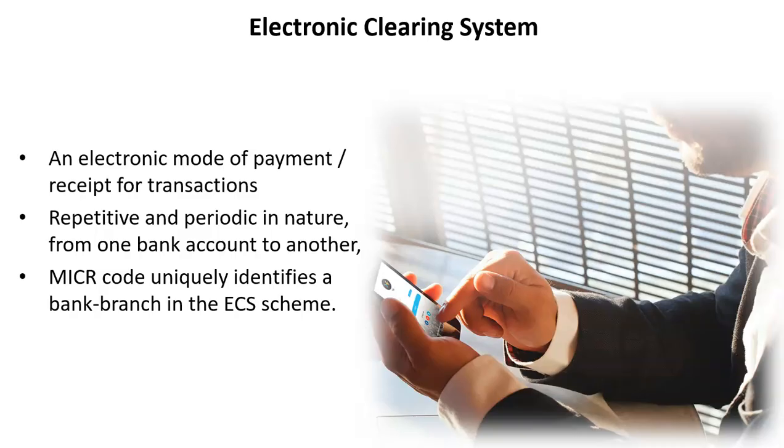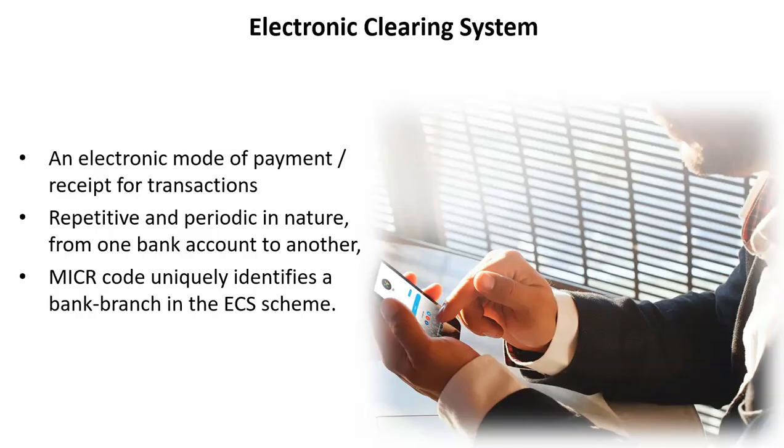MICR code uniquely identifies a bank branch in the ECS schemes. MICR's full form is Magnetic Ink Character Recognition code. This is a 9-digit code written on the checkbook after the check number, at the bottom of the check leaf.